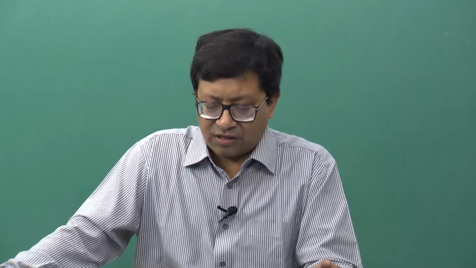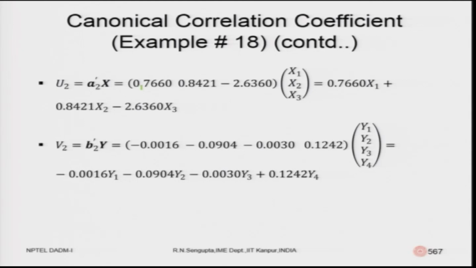These vectors a2 and b2 are given. I am just going to mark it: 0.766, 0.842, minus 2.636. I am only reading the first 3 places of decimal. When multiplied by x1, x2, x3, the random variables on which you are doing the studies, the second set would be given as minus 7.66 x1 plus 8.4 x2 minus 2.63 x3.